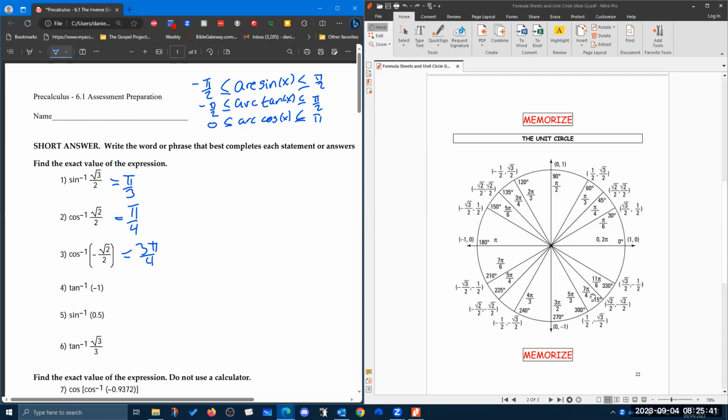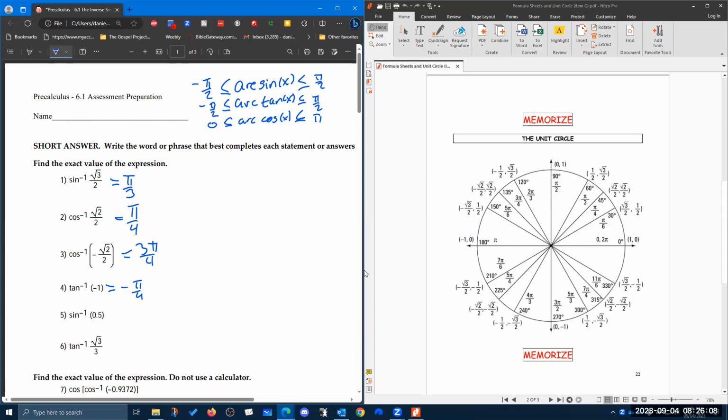That's at 315 degrees, or 7 pi over 4. But I'm not allowed to answer that way. Remember, the tangent has to be between negative pi over 2 and pi over 2. So I actually need to answer this as negative pi over 4, because I went pi over 4 clockwise from 0 to get to this place on the unit circle.